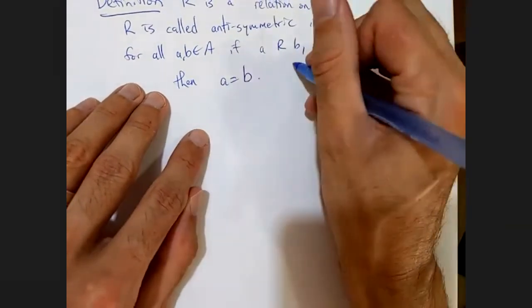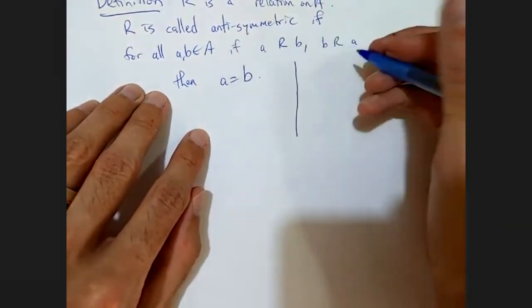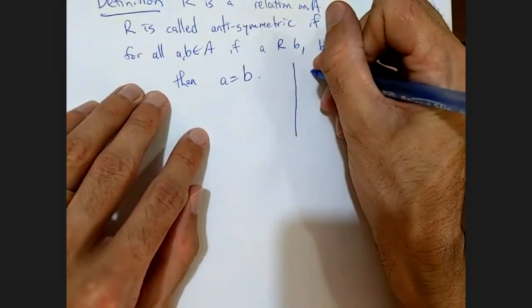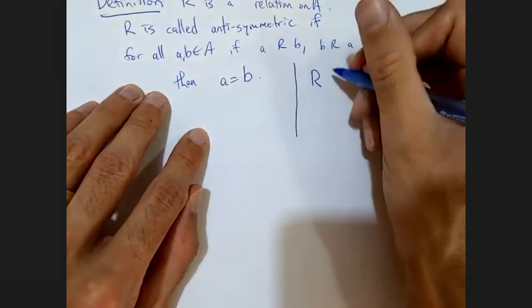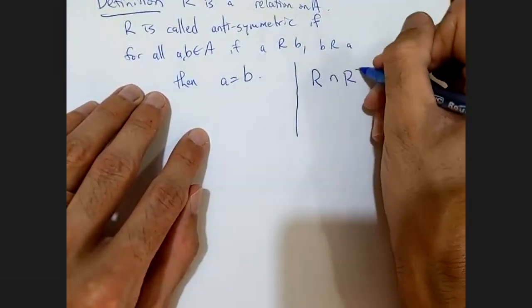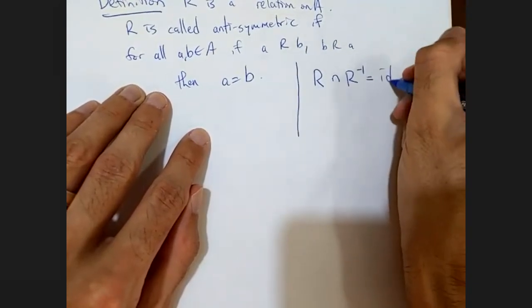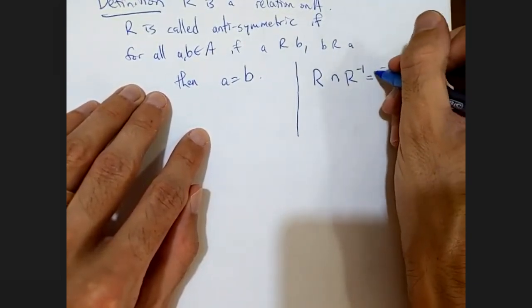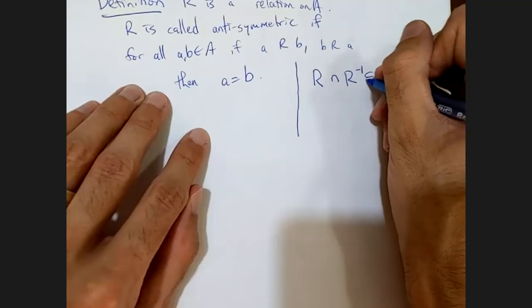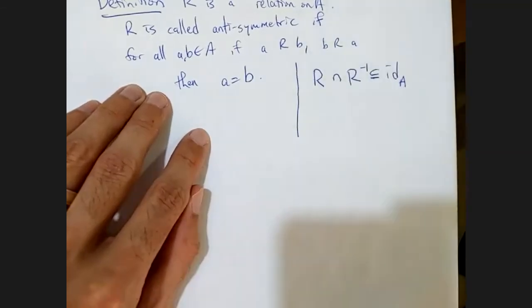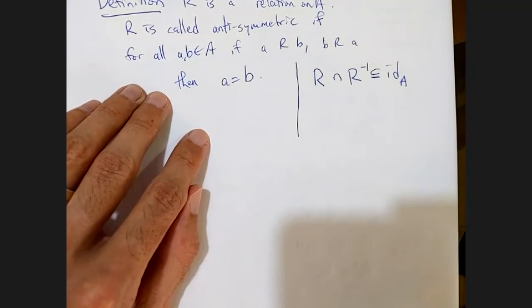Roughly, you can write this in terms of the relation R. You can say that everything in R intersect R inverse is, I guess you should say, contained in the identity relation.